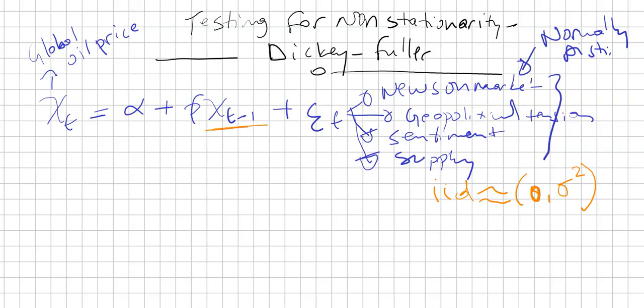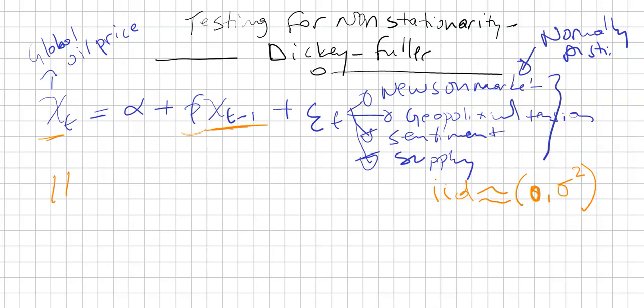To put some points down, we're looking at X_{t-1} and how its rho is affecting today's global prices.